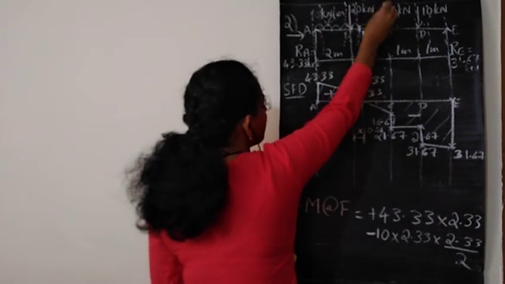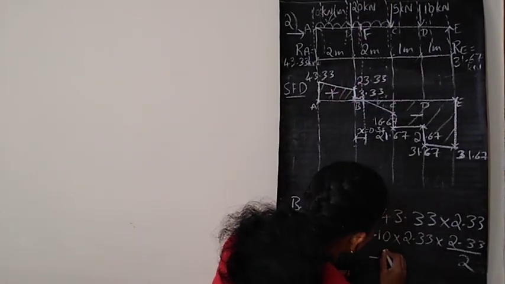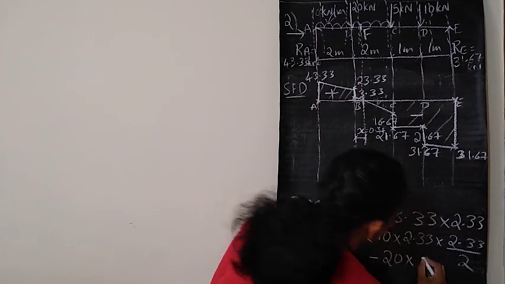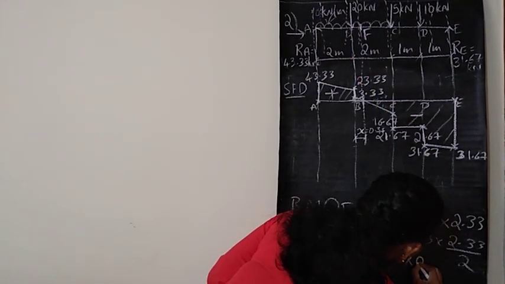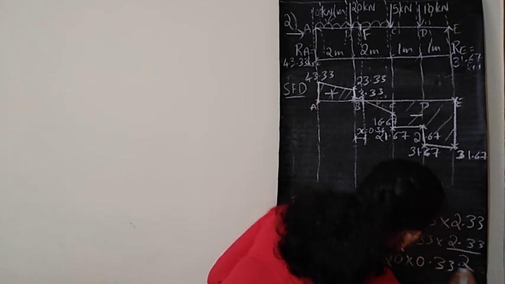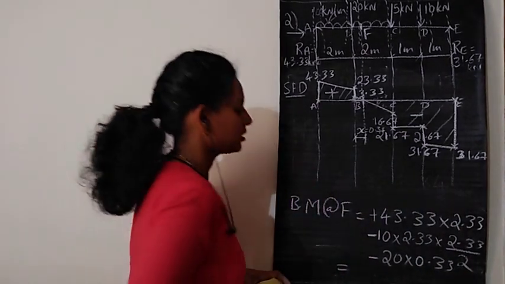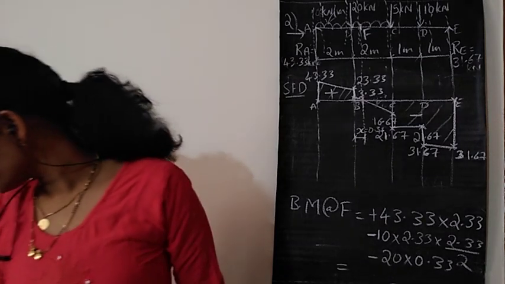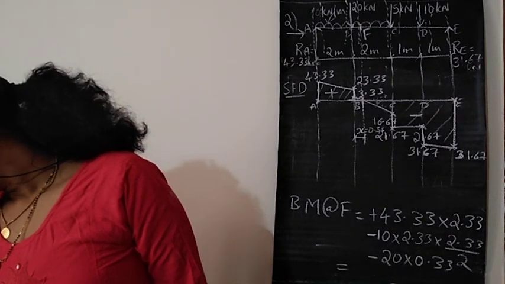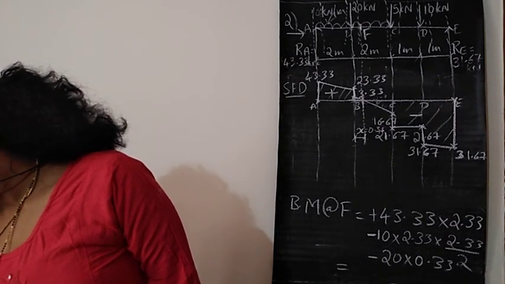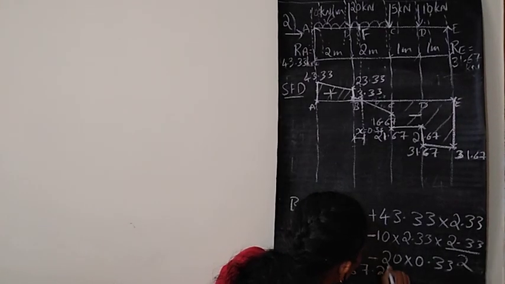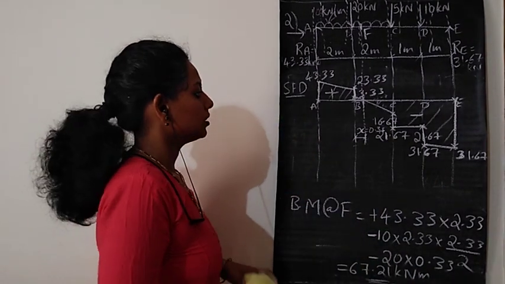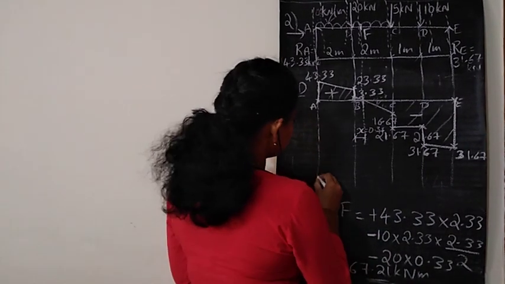Next again you have this 20 kilonewton, that is minus 20 into 0.33. Calculate and get the value of maximum bending moment. Maximum bending moment is 67.21 kilonewton meter.